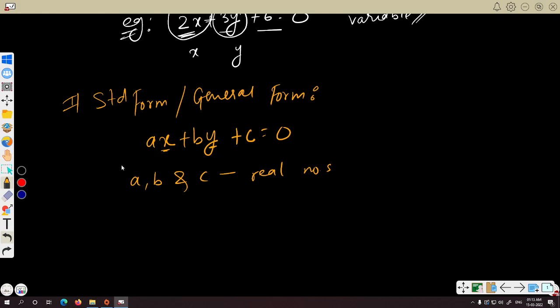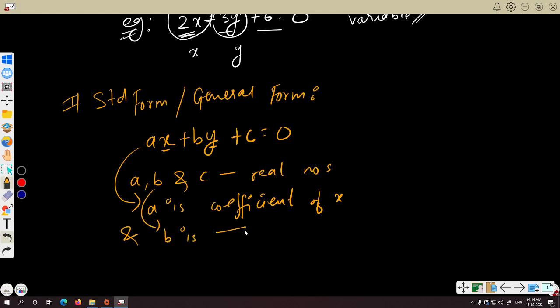And a is nothing but the coefficient of x, and b is the coefficient of y.